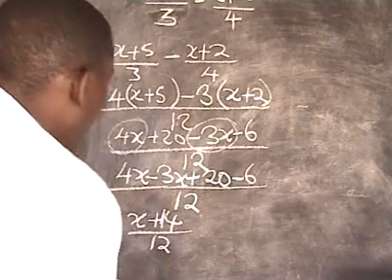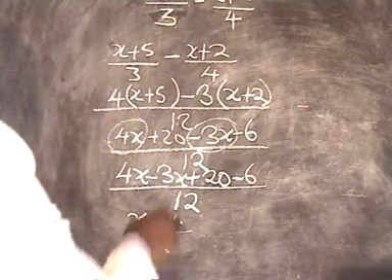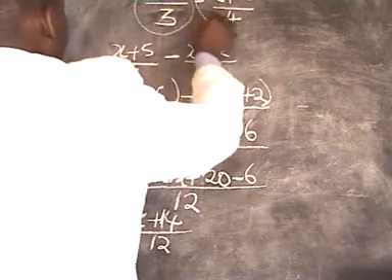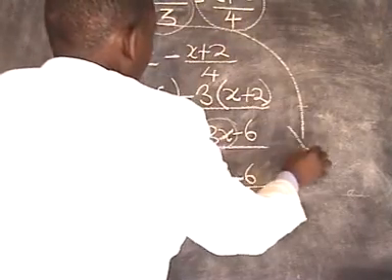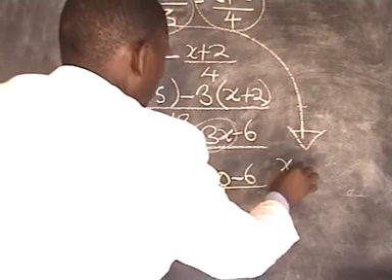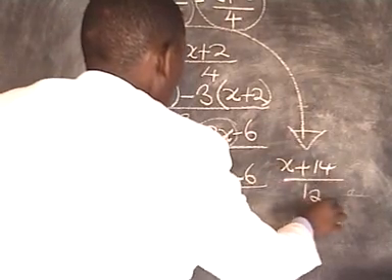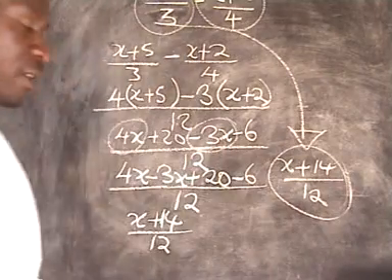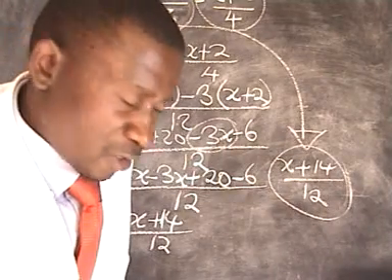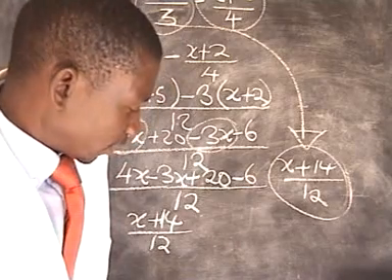And this is over 12. So as you can see from the two fractions, I have managed to get one fraction, which is x plus 14 over 12. And by doing that, one can score 3 marks.